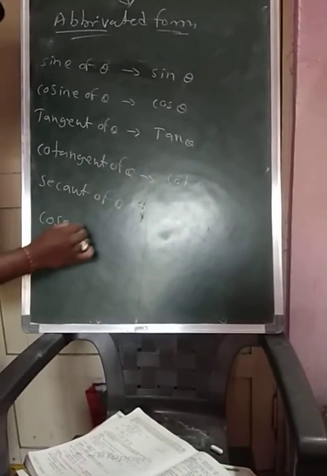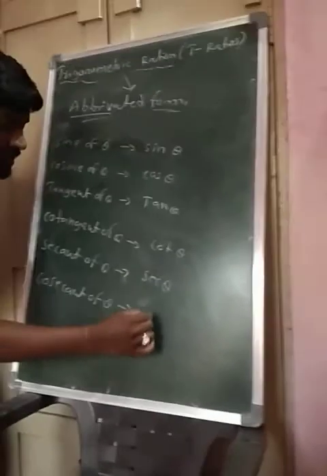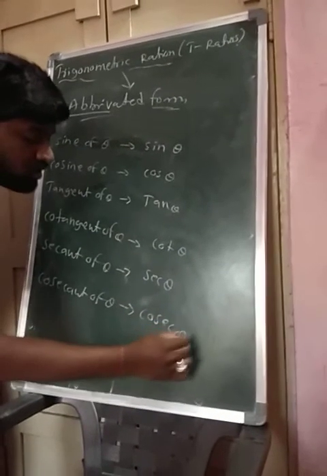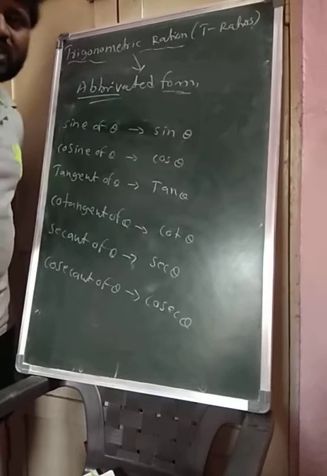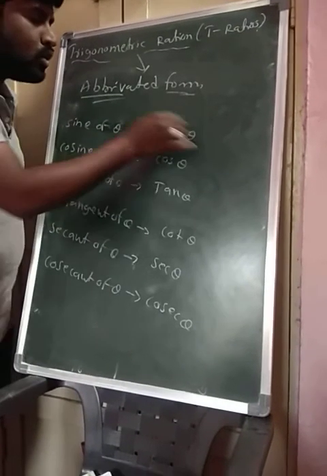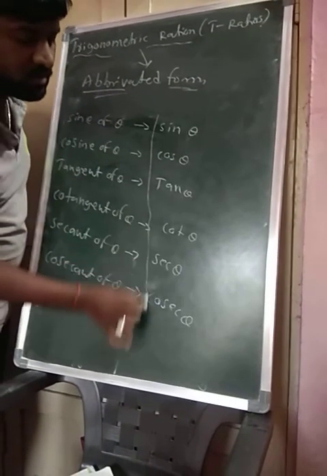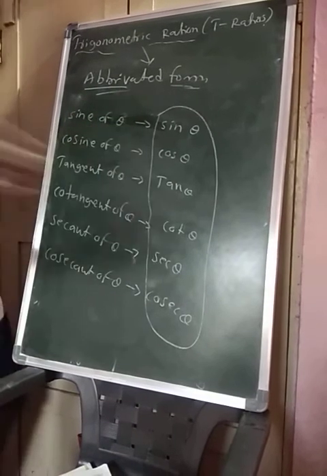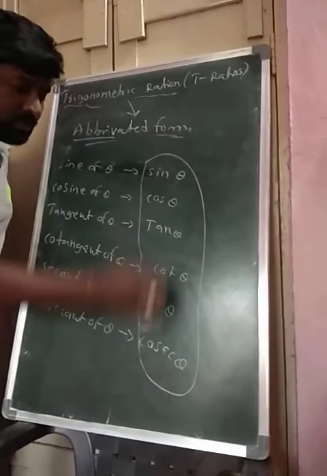Cosecant of theta is cosec theta. Throughout trigonometry we use only these abbreviated forms.